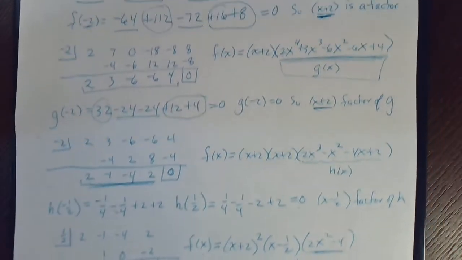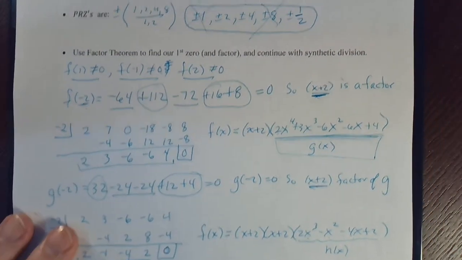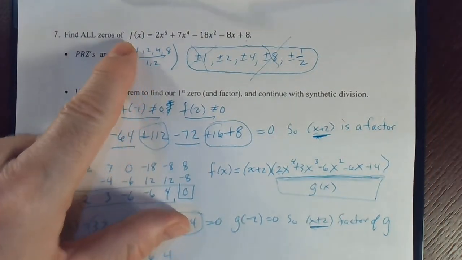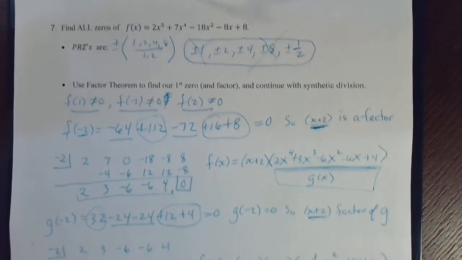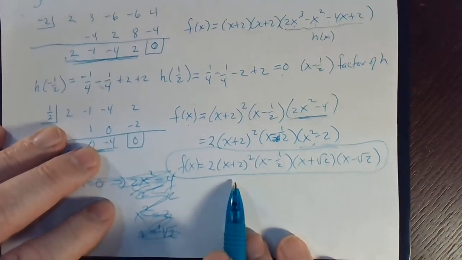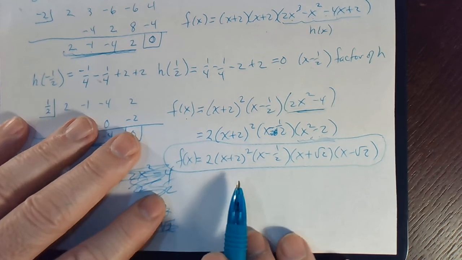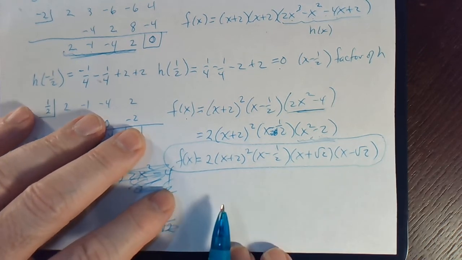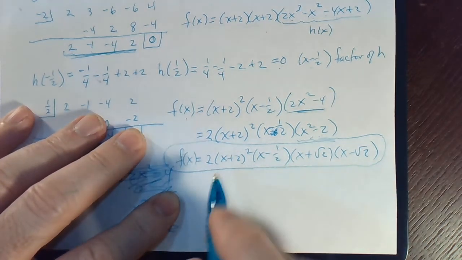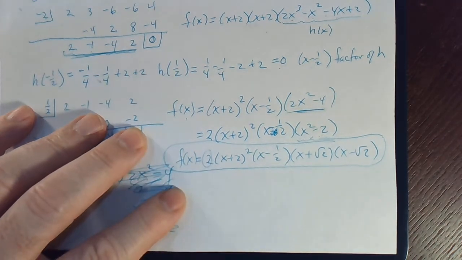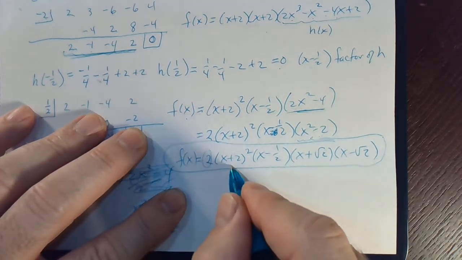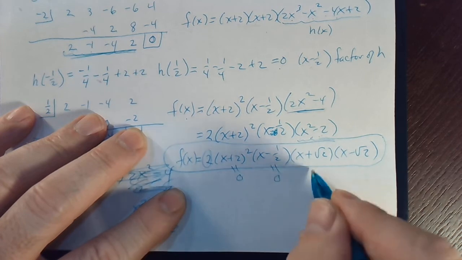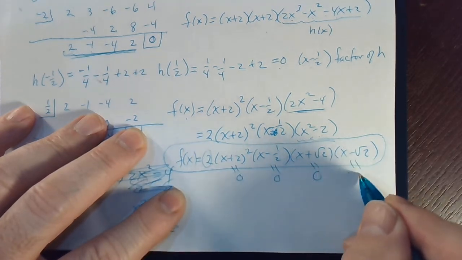Whew. Okay, now what were the instructions? Find all the zeros. So, now that we've completely factored it, the answer will be easy, but we haven't written the answer yet. We have to set every factor equal to 0. The 2 never equals 0, but we'll set the others equal to 0.